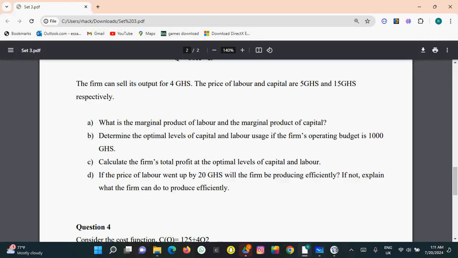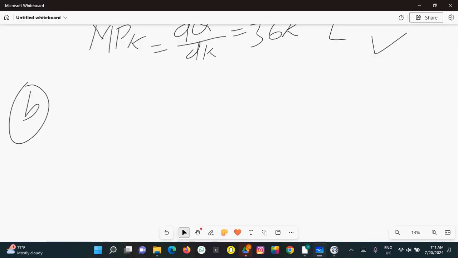Part B is telling us that we should determine the optimal levels of capital and labor if the firm's operating budget is 1,000. What they technically mean is that total cost is equal to 1,000.